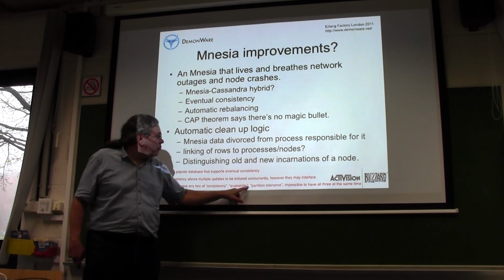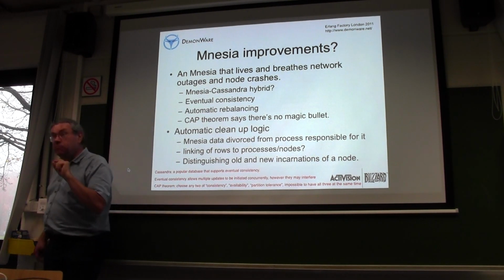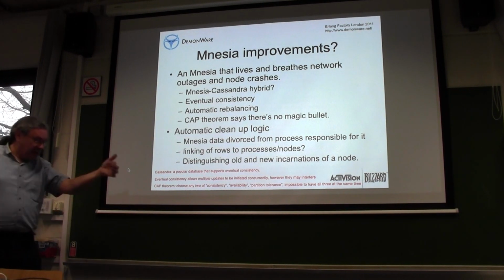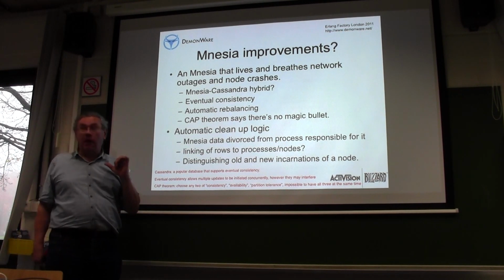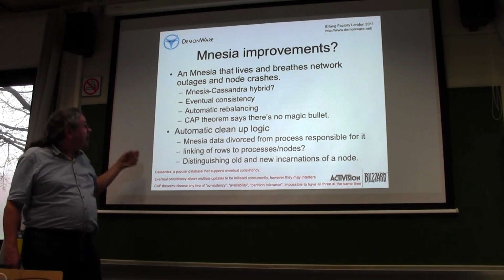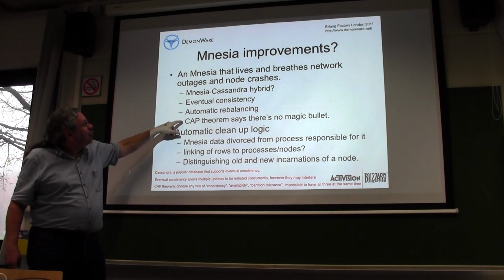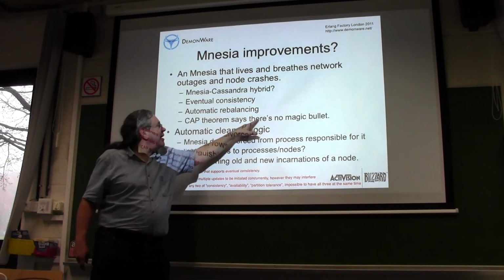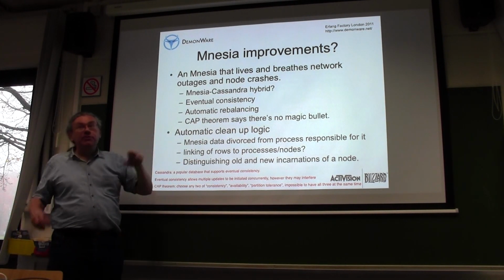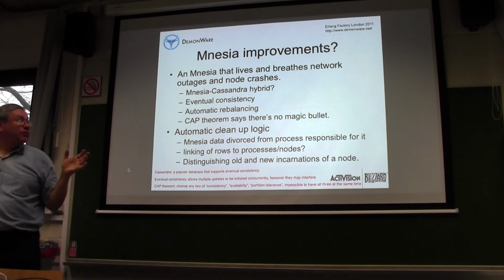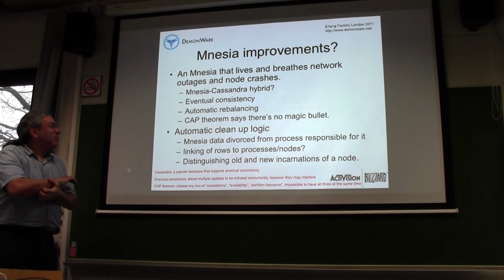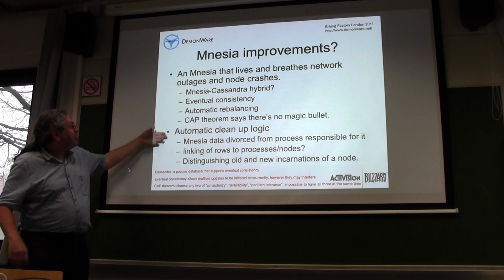Availability is a formal concept: it means that if I make a request, the answer will come within a reasonable time. So of course they say, we want Mnesia to be better, but we know there's no magic bullet. The CAP theorem is a general theorem that works for any distributed system. What else do they want?